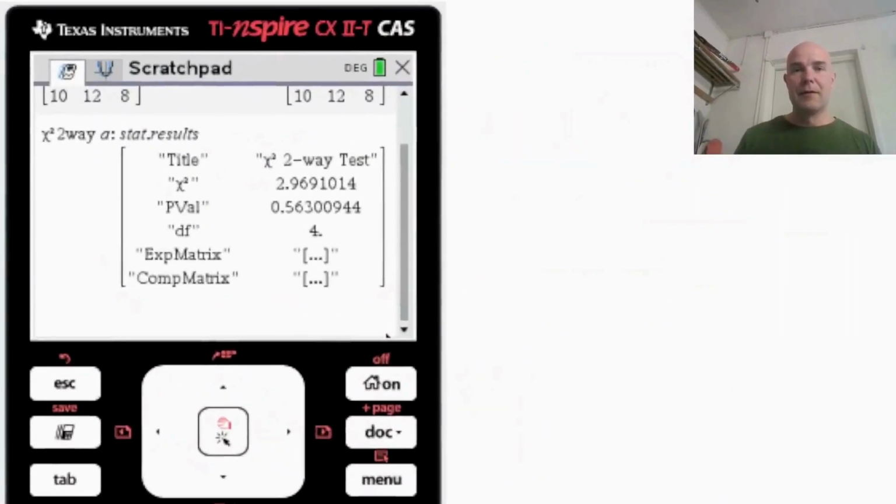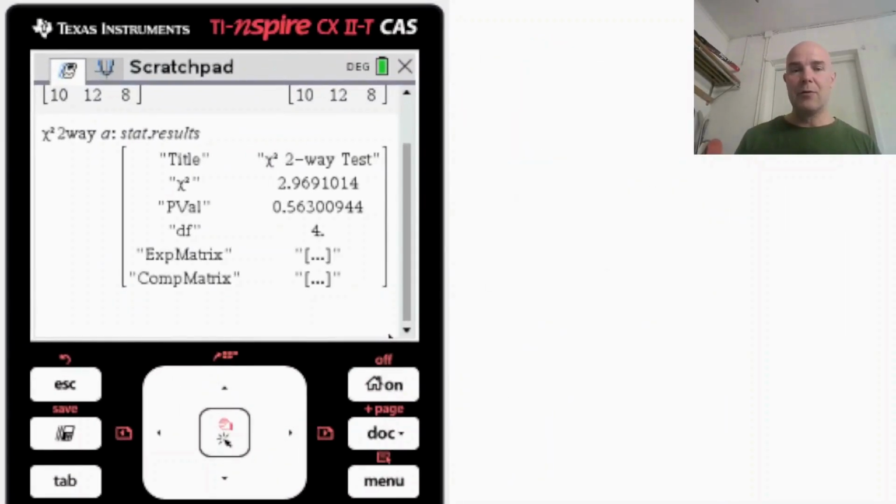In our calculator, here are our values. We can find the p-value given over here, 0.563. The df, that's degrees of freedom, is 4. And later in the question, I will talk a little about the chi-squared value. That's also found over here.